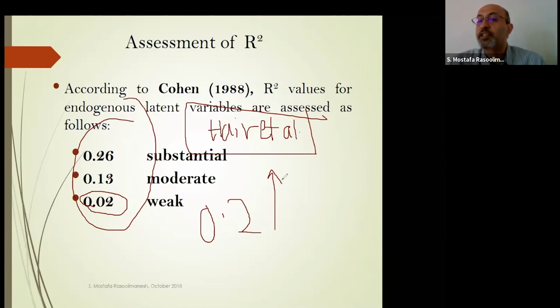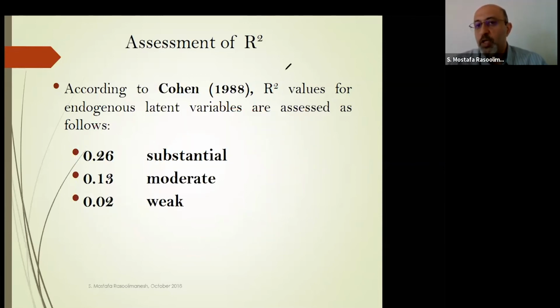Based on these criteria, you can identify an acceptable value for R square. And again, in behavioral science, the value of 0.2 can be considered, based on much literature, high and acceptable. So this is some discussion about R square. We need to evaluate R square, but the criteria for evaluation of R square vary for different types of studies.